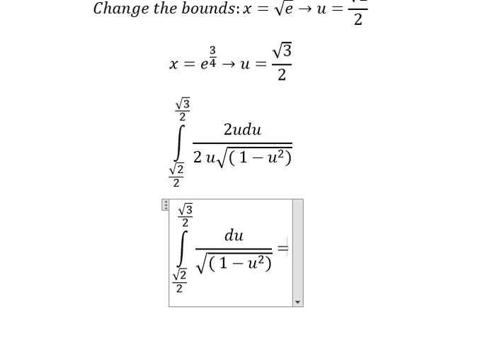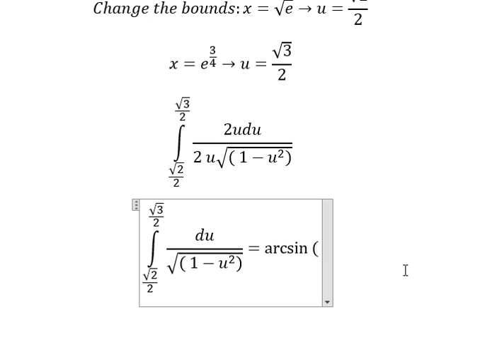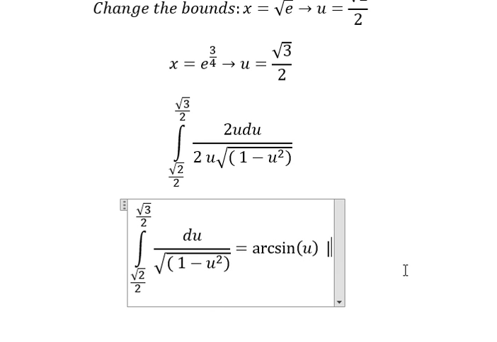Next, the integration of this one, we have arcsin of u, and we put the bounds from the square root of 2 over 2 to the square root of 3 over 2.